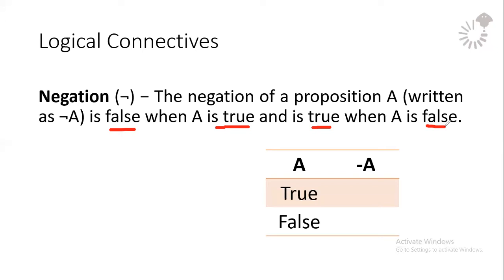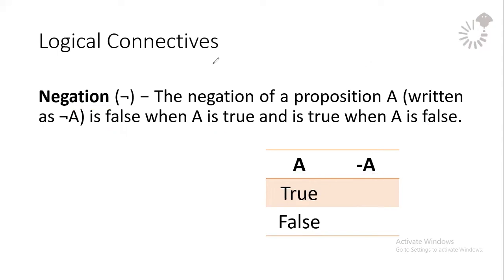We just negate it. So conjunction and disjunction, AND and OR, are binary operators. This means they need two operands, A and B, to make the equation valid. Negation is a unary operator, meaning even just one operand is okay. Operator, operand. This is the value of A, NOT A. NOT true is false. NOT false is true. So that is negation.